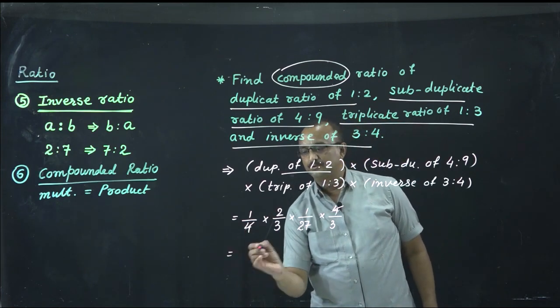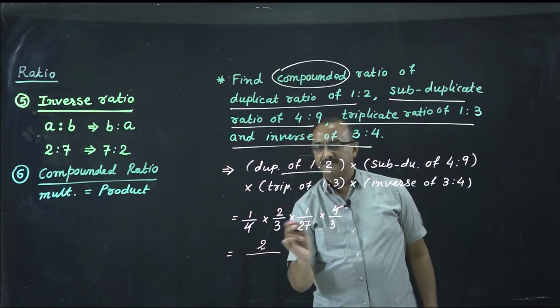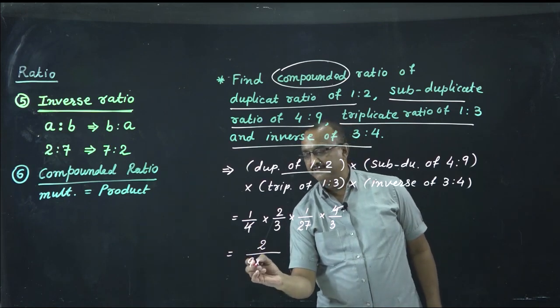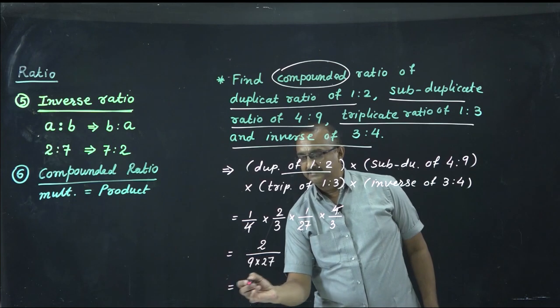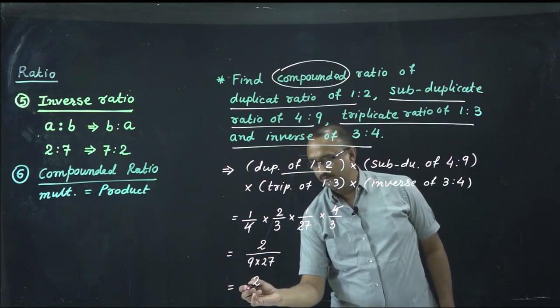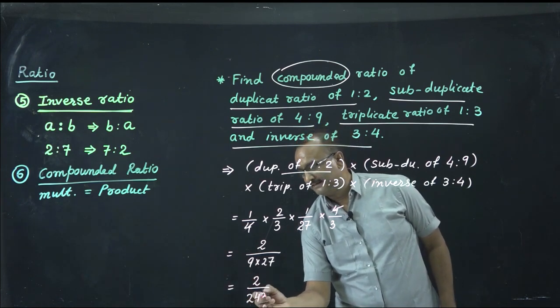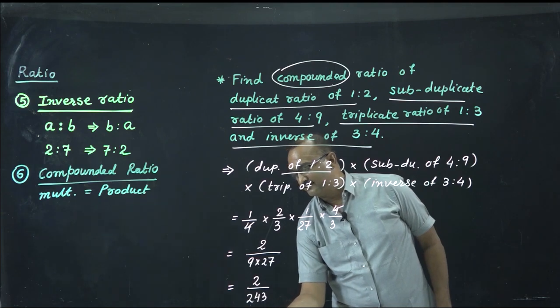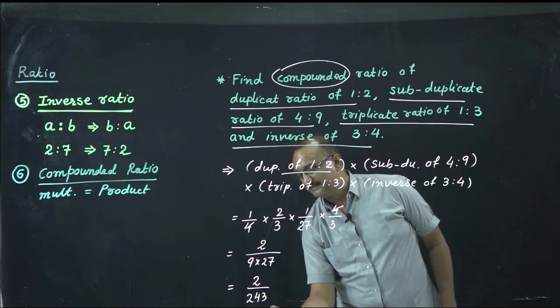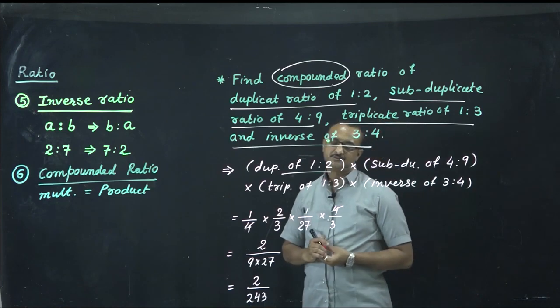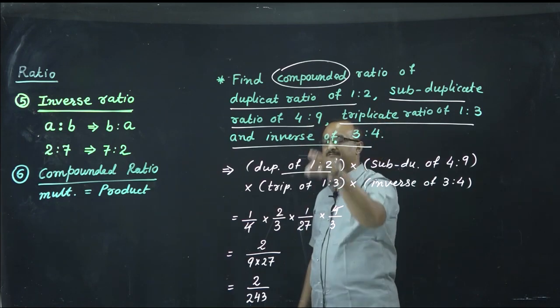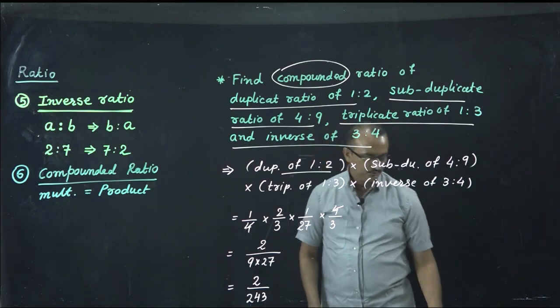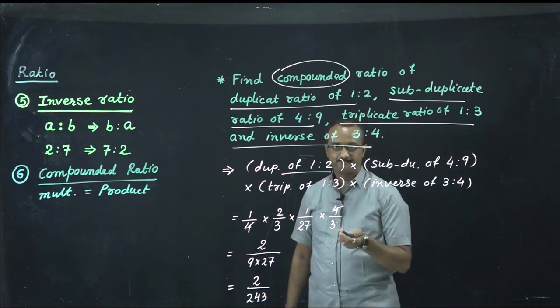Okay, so 2 divided by 3, 3 nines are 27, so 9 into 27 is equal to 2 upon 243, and we can write it is equal to 2 is to 243.